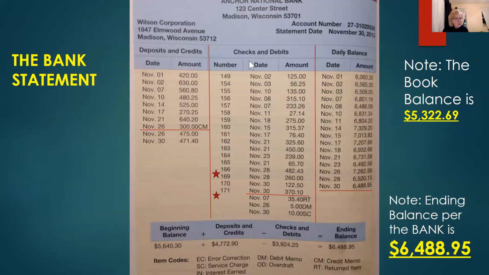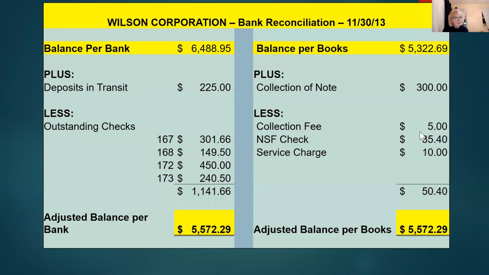We know these 3 are like checks, they're withdrawals, they're decreasing. So we're going to subtract them here. And now your job is to read the problem and discover what the descriptions of those 4 things are. You need the description because you're going to have to make a correcting journal entry.